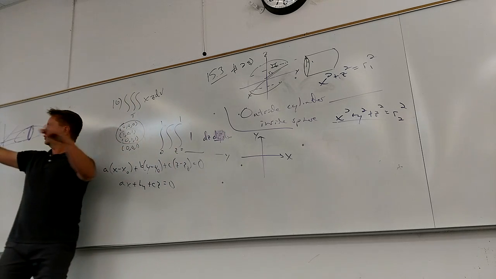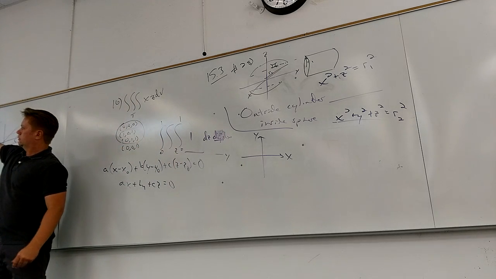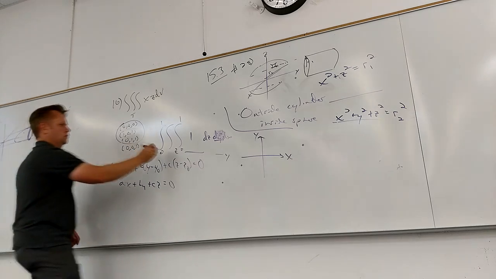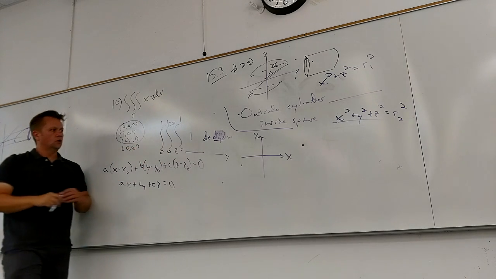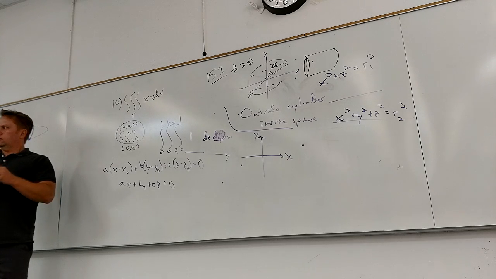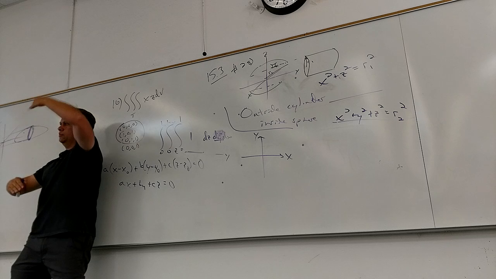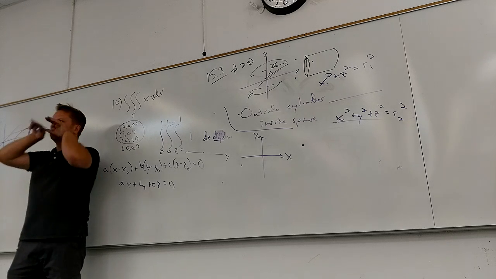As y goes from 0 to 1 minus x. So all you need now is just the equation of that plane, that bottom lip of this thing. Right, there's a mouth.